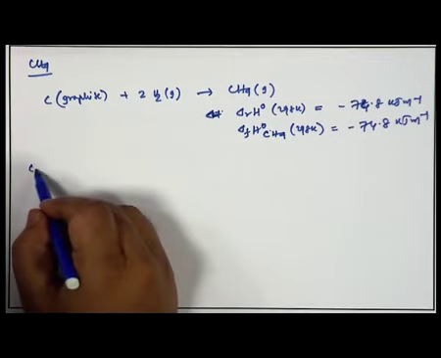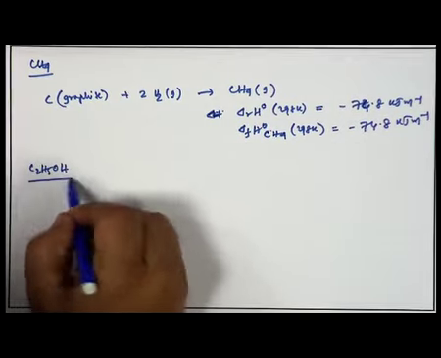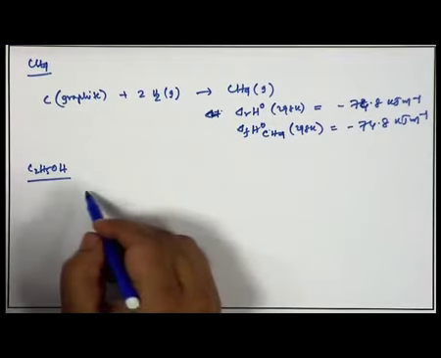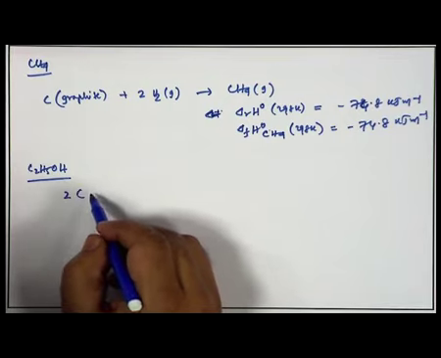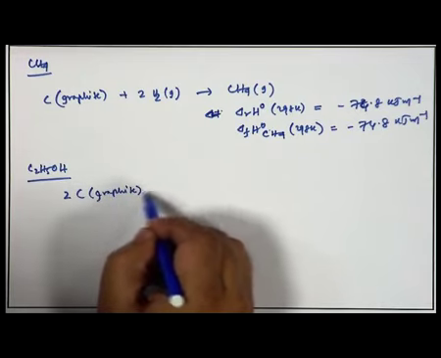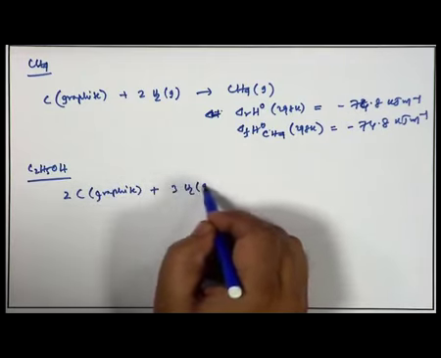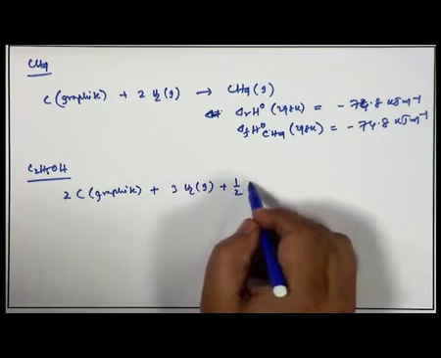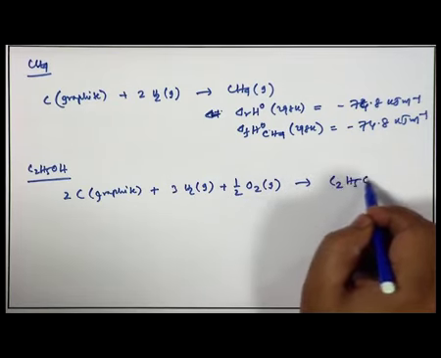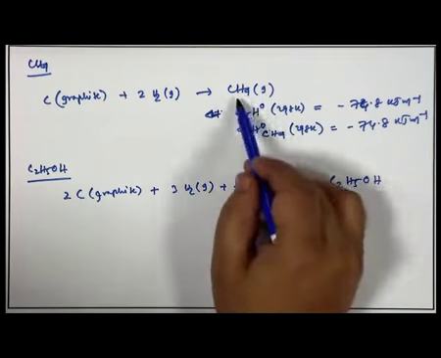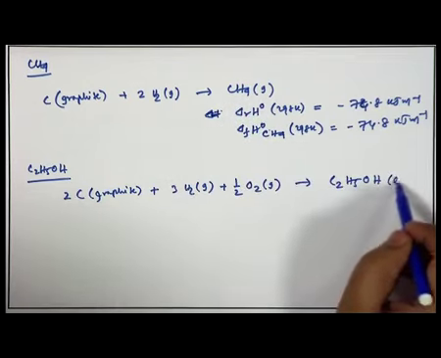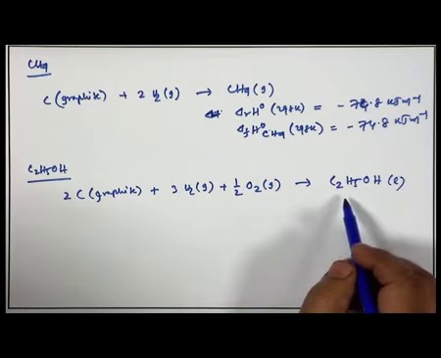If we talk about other examples, C2H5OH, ethyl alcohol, again the constituent elements are carbon, hydrogen and oxygen. So, we can write a balanced equation for 1 mole of ethanol: 2 graphite plus 3 H2 gas plus half O2 giving us C2H5OH. Now, we are talking about 1 mole of ethyl alcohol.